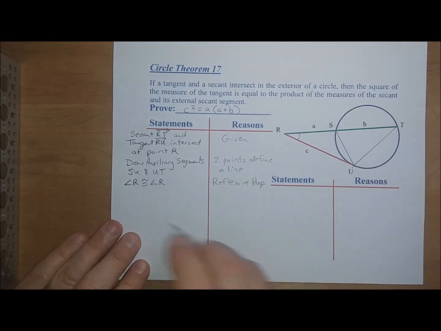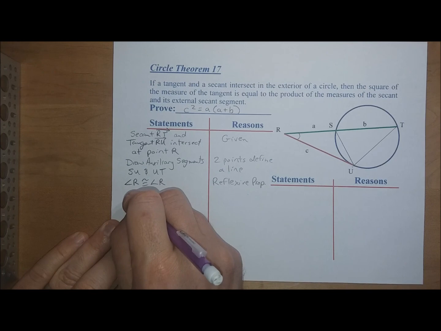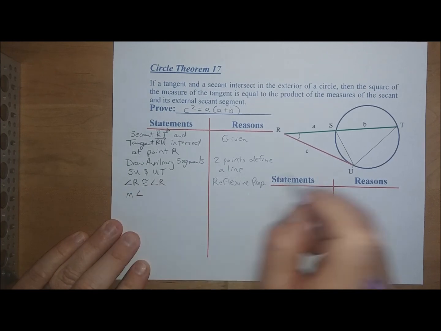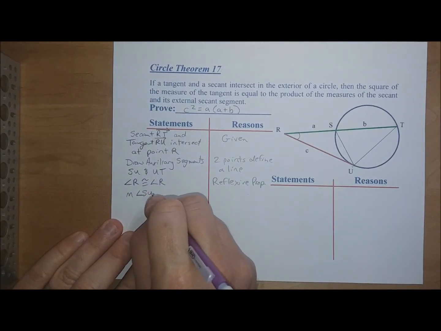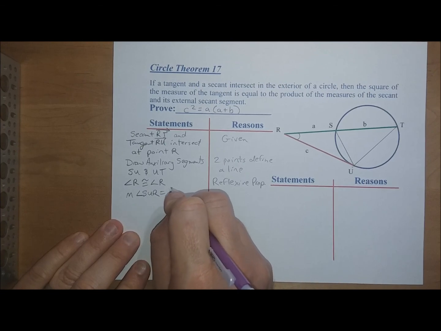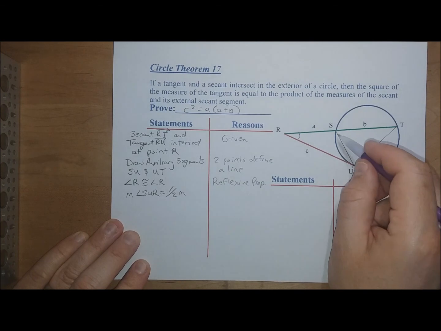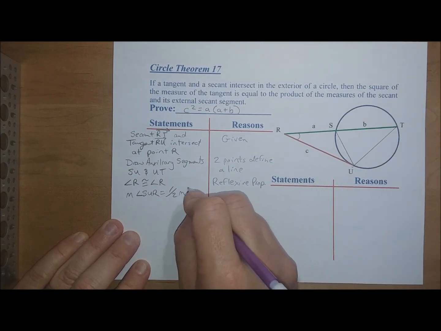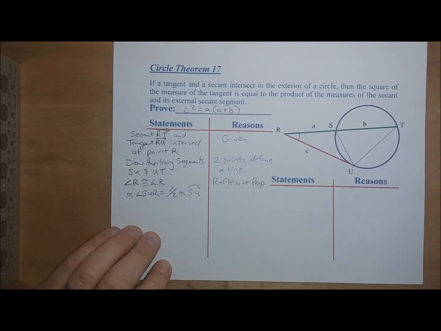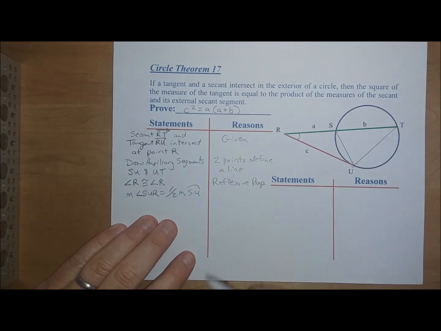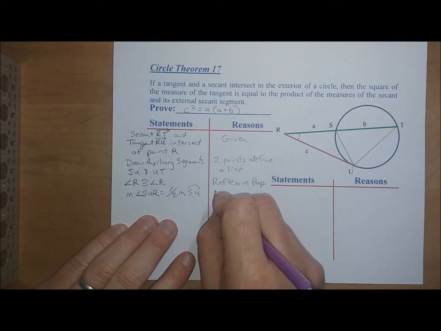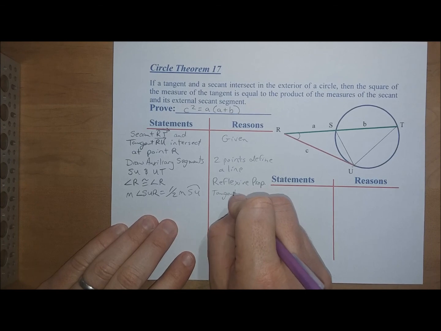So I could say that the measure of angle SUR equals one half the measure of arc SU, okay? And that is because, what was that theorem? Let's say, I'm going to call it tangent chord theorem.